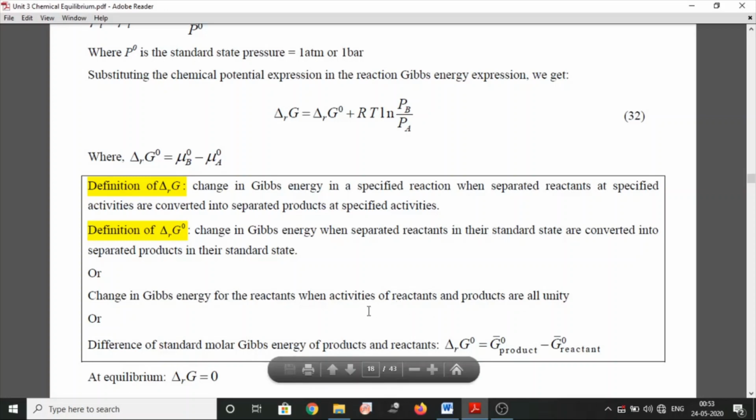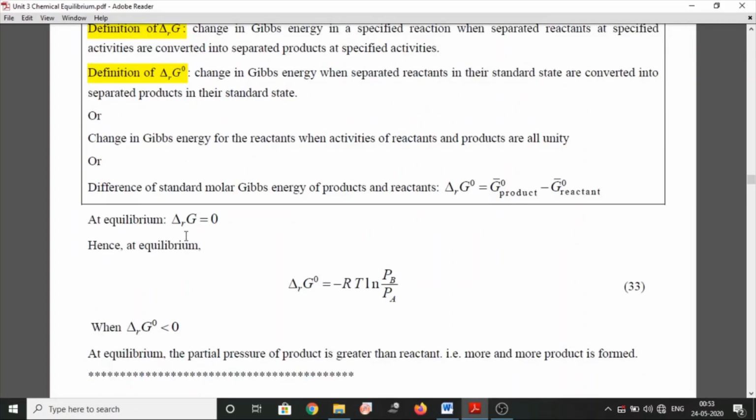What activities are, we will discuss in a subsequent lecture. When the activities of reactants and products are all unity, that is the standard state. When the activities are not unity, it is any other state, and that is called the reaction Gibbs free energy.